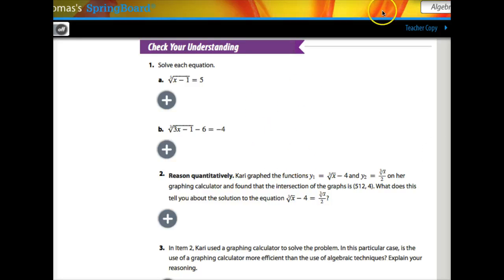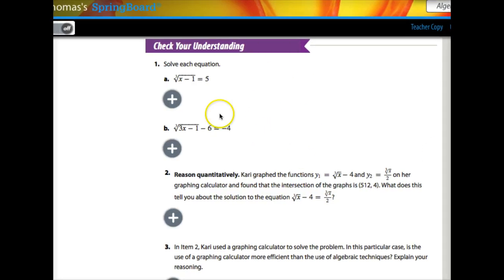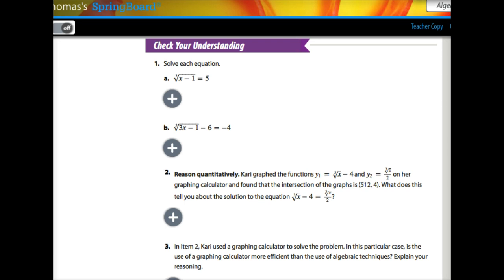the function that I want you to solve graphically is this one, the CYU part 1b on page 398. So this equation right here is what you are going to solve graphically.